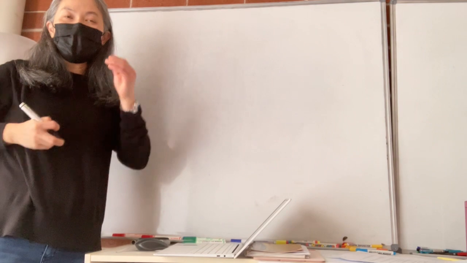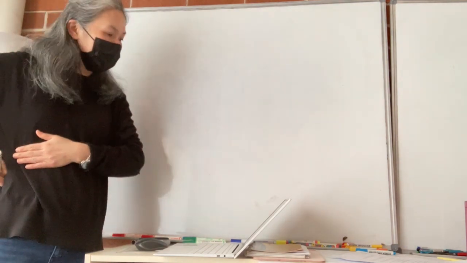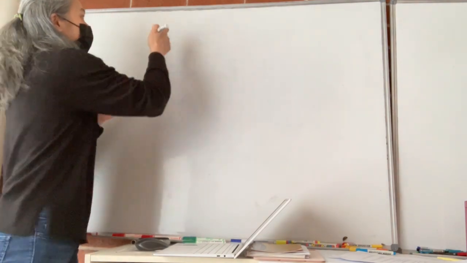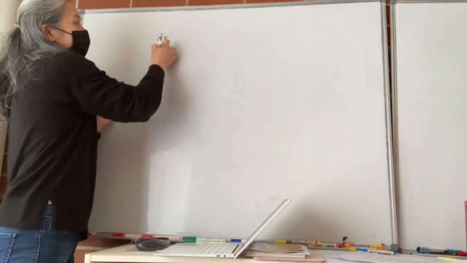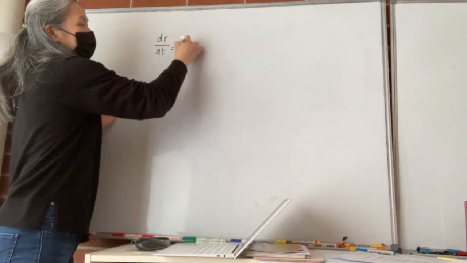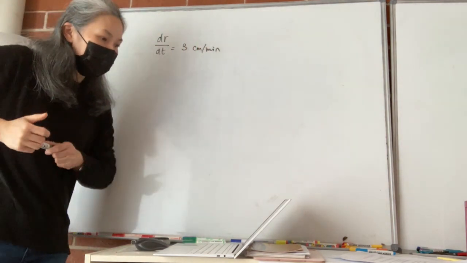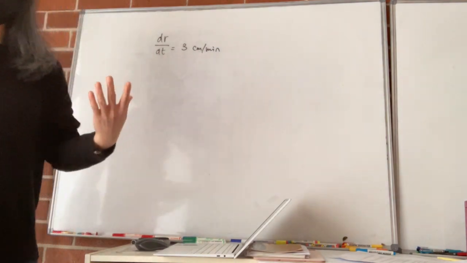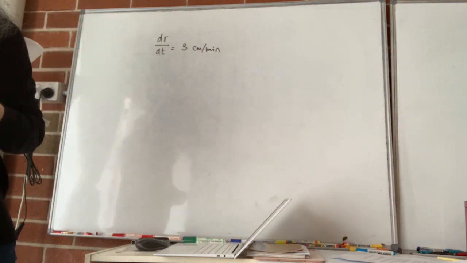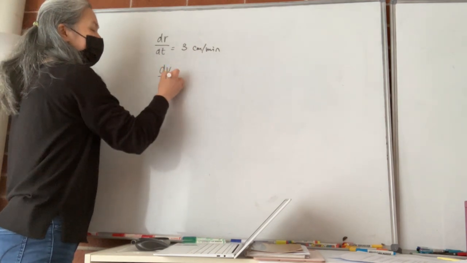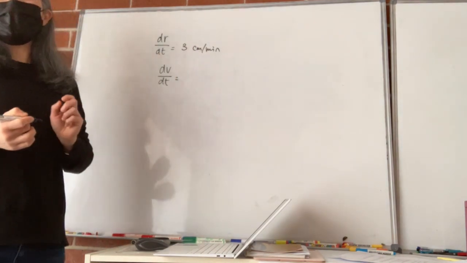What is the rate for that thing? 3 centimeter per minute. The radius, so we are going to write as dr dt equal to 3 centimeter per minute. And what is the question want you to find? The rate of the volume, that means you are looking for dv dt, right?